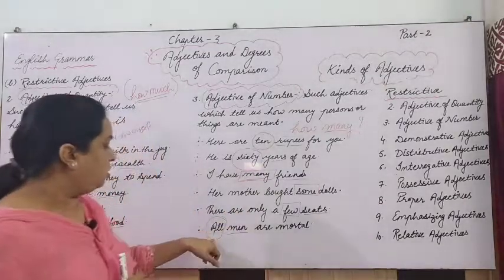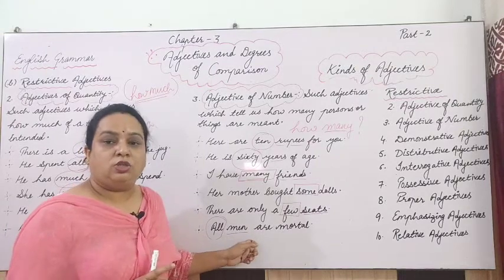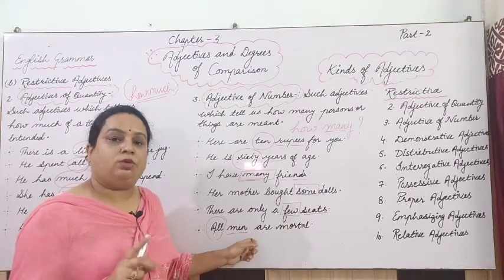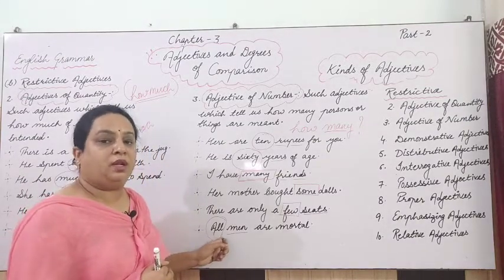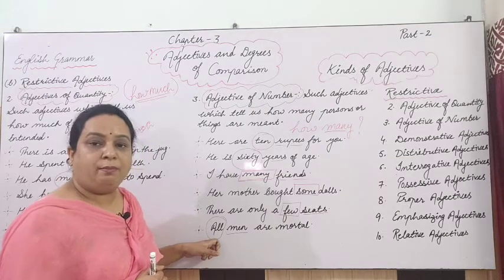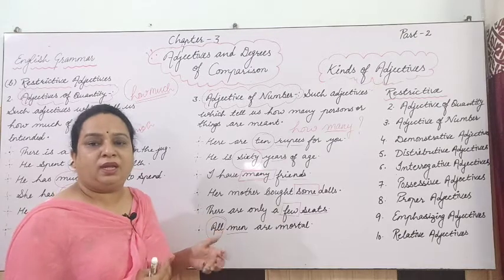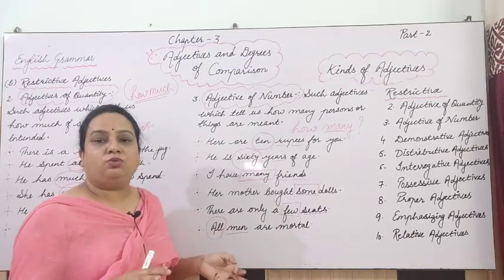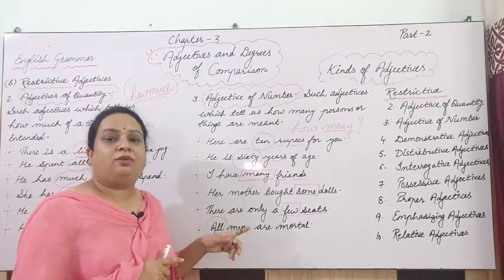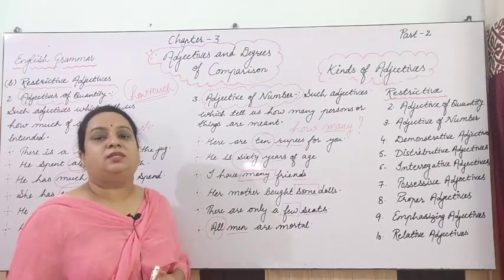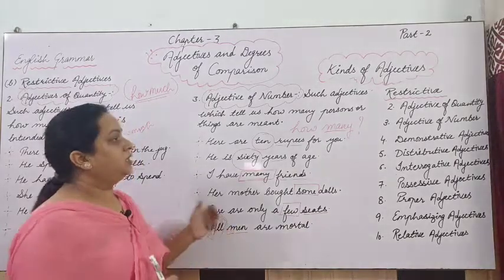Let's talk about all men: man and men, singular and plural both, and all is being used before men, so this is telling a number. But if we're talking about all food, all money and all rice, these words are uncountable, so there that word all will work as an adjective of quantity. It is very important to understand the difference.